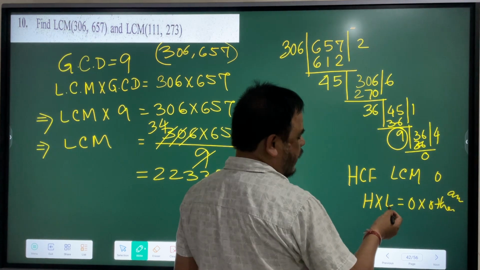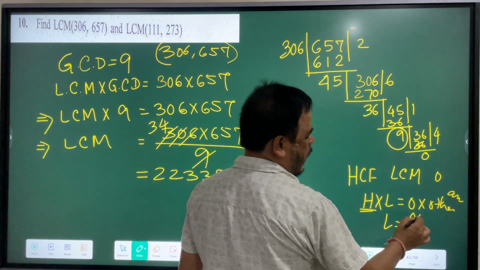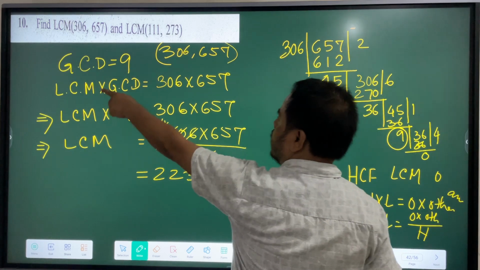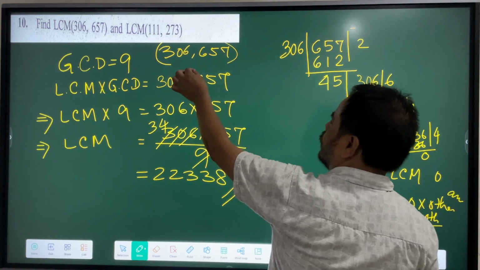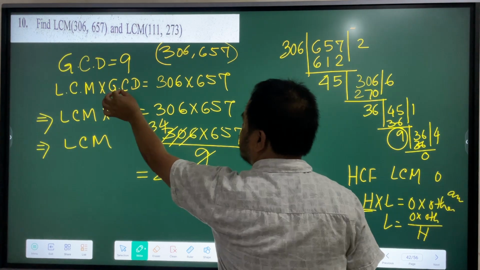If we want to find the LCM, first we will find the HCF. So LCM is equal to one number into the other number divided by HCF. Same thing here: LCM into GCD equals one number into the other number.